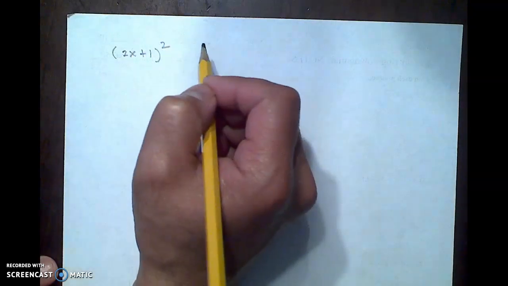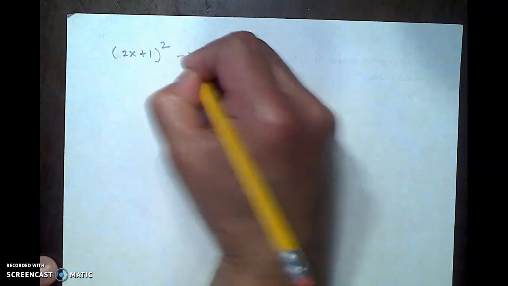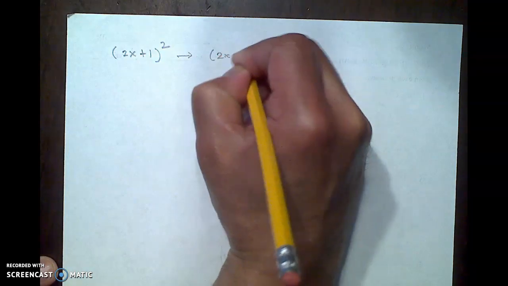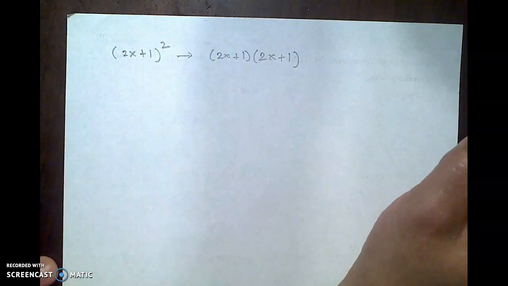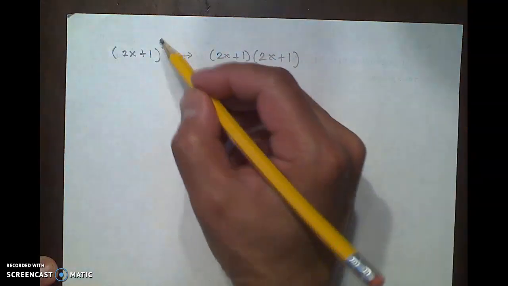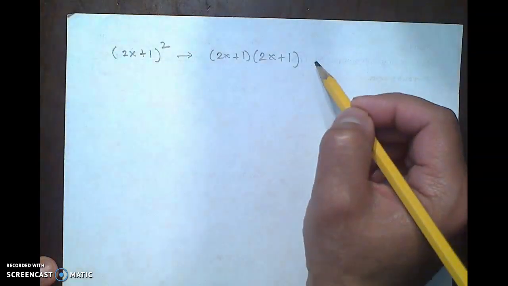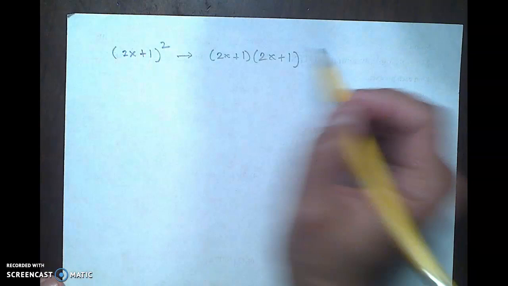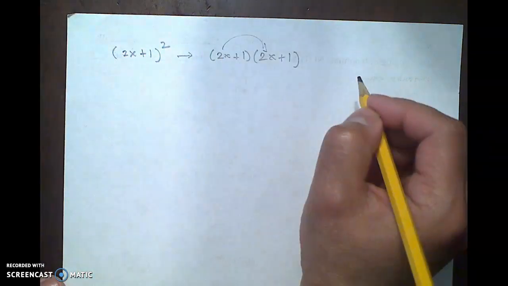You cannot do that with this. When you see something like this, you should rewrite it as 2x plus 1 times 2x plus 1. You know what it means when you square something: you're multiplying that thing times itself. When you rewrite it this way, now you can go ahead and do the distributing.